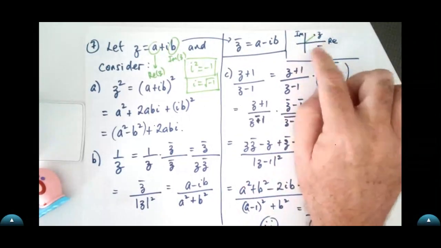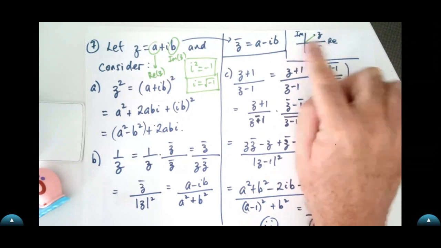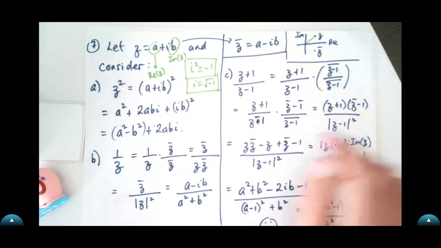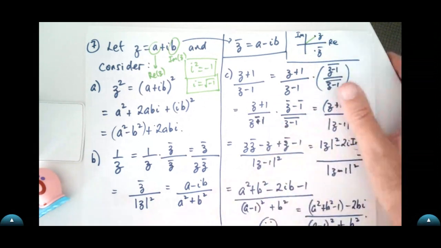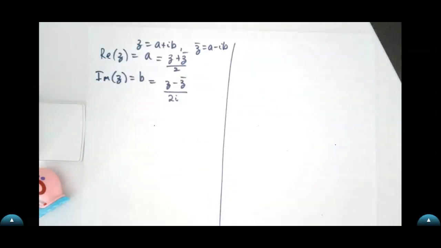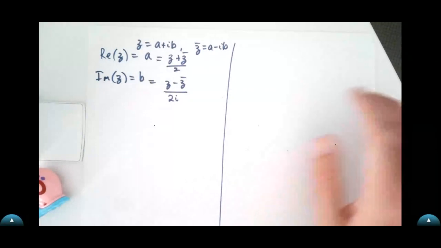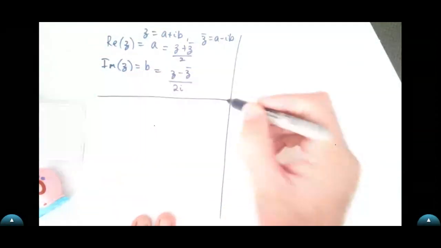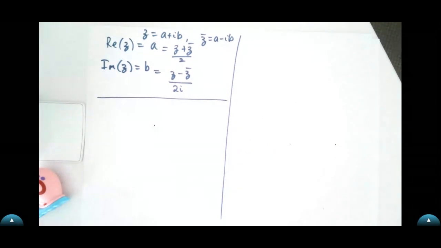Here you can see we've got two axes, the horizontal real axis and the vertical imaginary axis. There is another way of describing and representing complex numbers. It's called the polar exponential form. Let me share my PDF and we can talk through that.